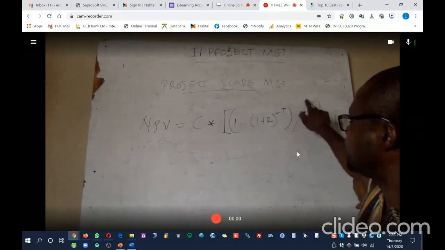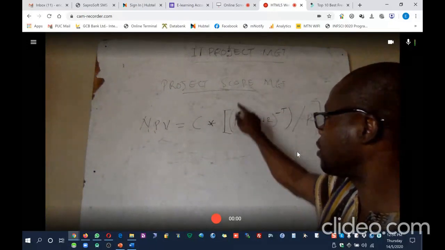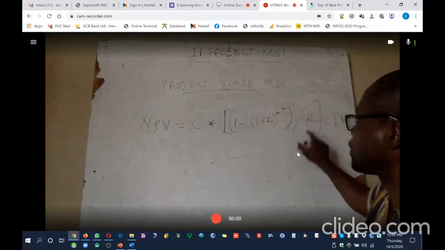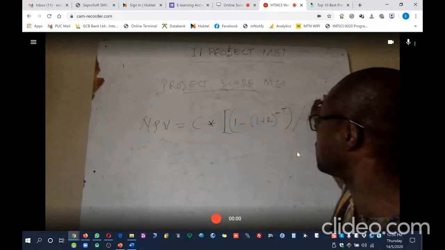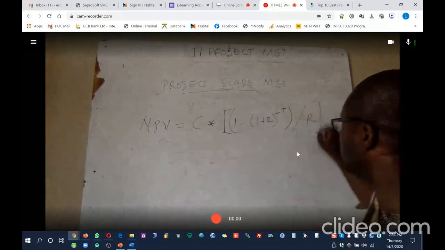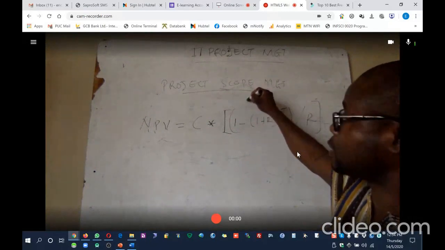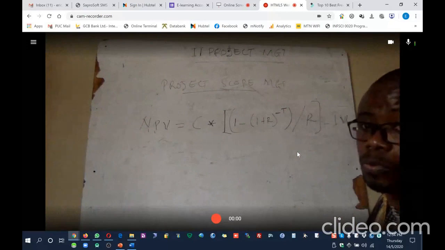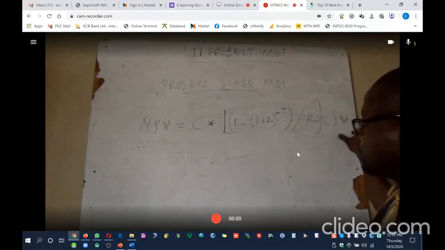And then we subtract that figure from 1, and then we divide all by the rate. And then we subtract from this calculation. As we said, this part of it gives you the return on investment or the cash inflow, and then we subtract the cash outflow from it, what you're investing initially. So this is basically what you have.